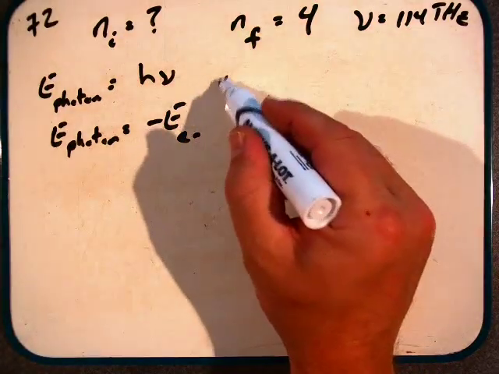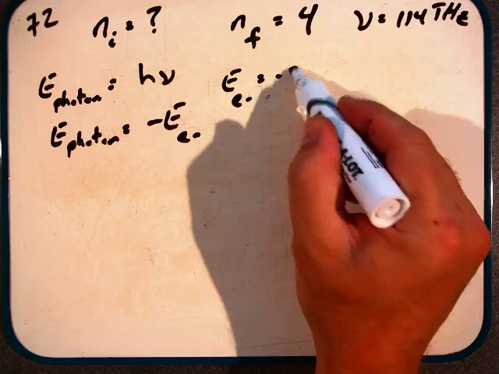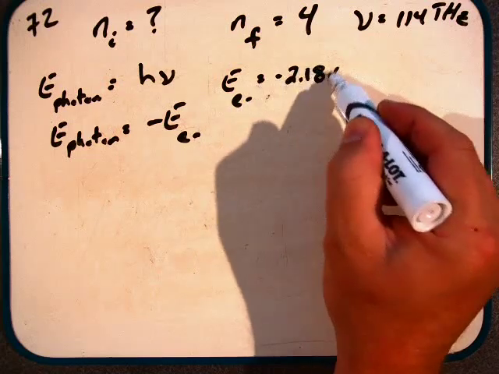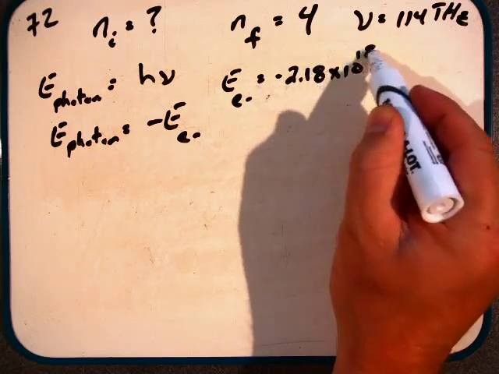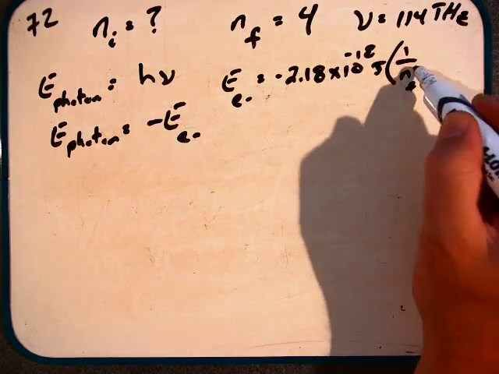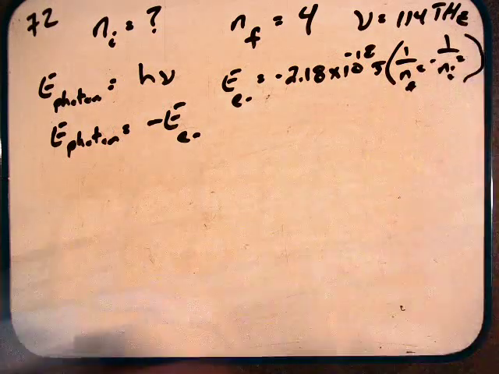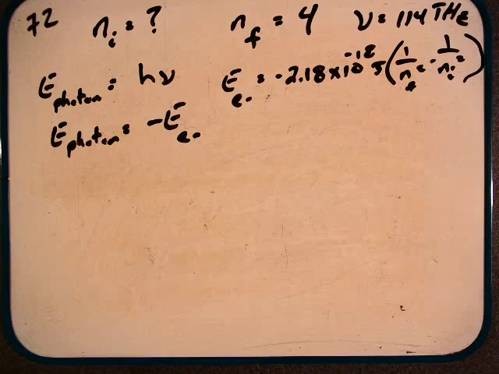And then the last equation that we want to use is relating the energy of the electronic transition to the actual quantum levels, which is the Schrodinger equation, where we have our negative 2.18 times 10 to the negative 18th joules times the difference of the reciprocal quantum levels squared.